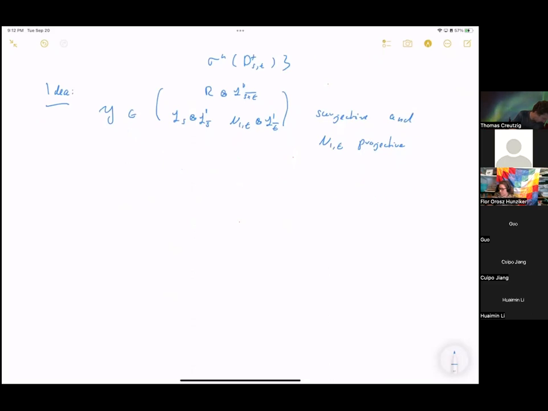Okay, so now let's think about what we know. First of all, maybe I give the superscripts, so that we don't confuse ourselves. These are modules at level k-1. This is a module at level 1. And recall that I have this decomposition.